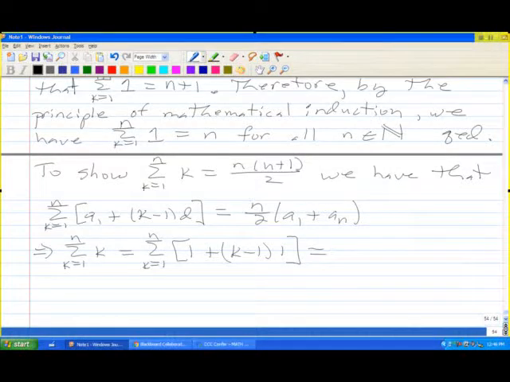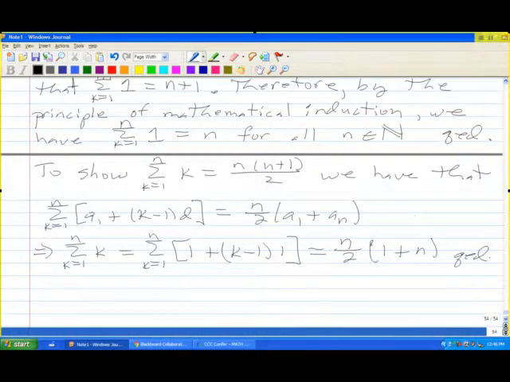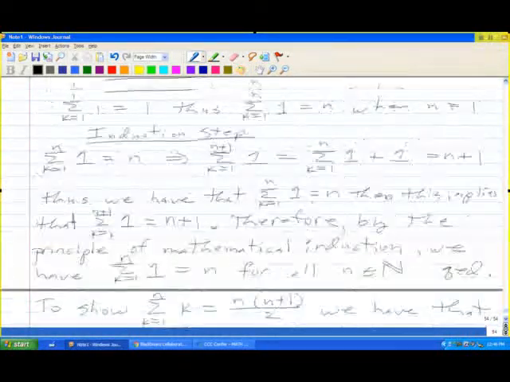And so in this case, a1 is 1 and an is n, which is what we wanted to show. Done. Okay, and so that's that.